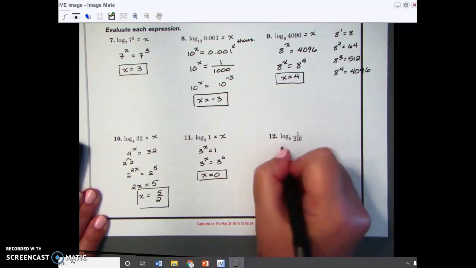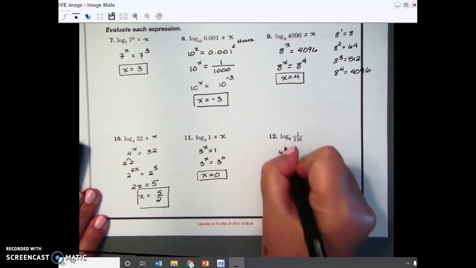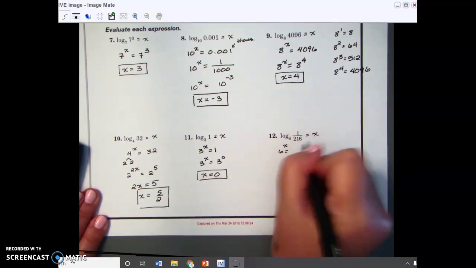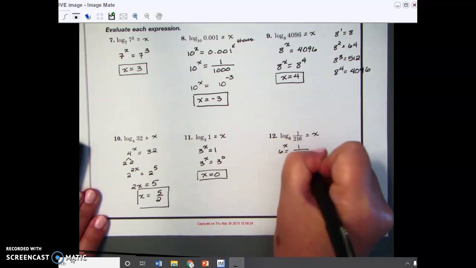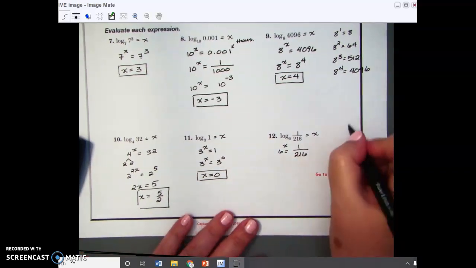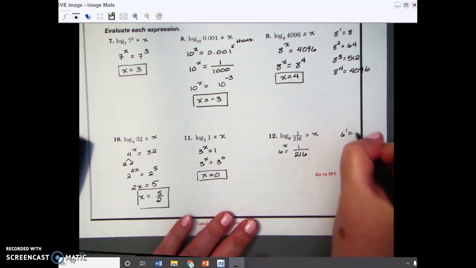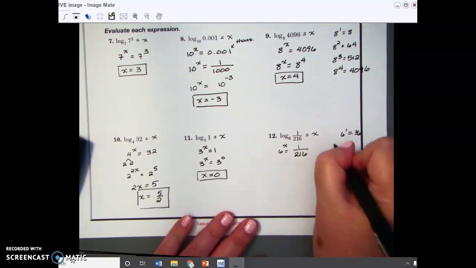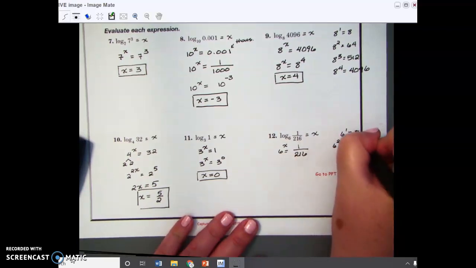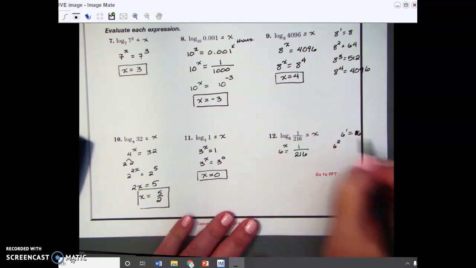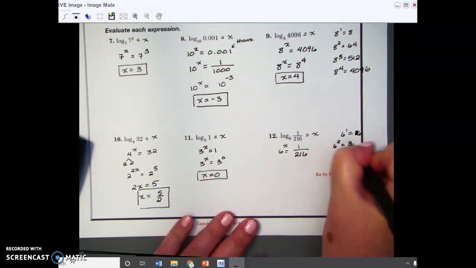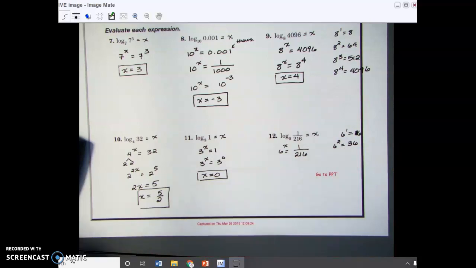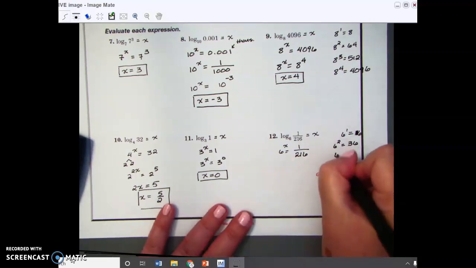And then finally, I've got 6 to the x is equal to 1 over 216. So I'm going to take a look at 6. 6 to the first is equal to 6. That's a no-brainer. 6 to the second is 36. And if I do 6 to the third power, I get 216.